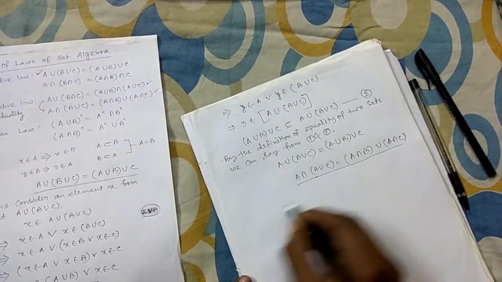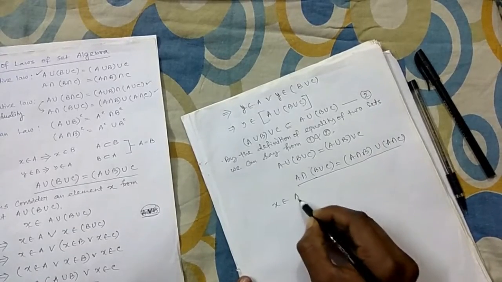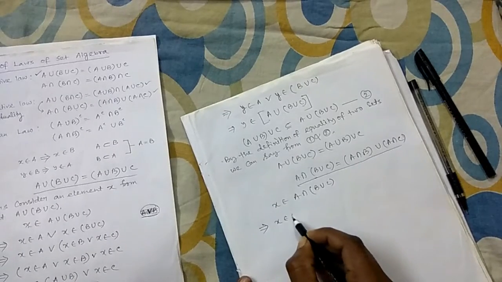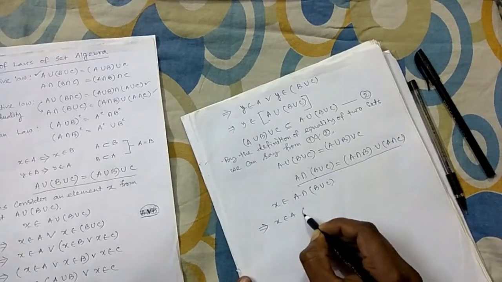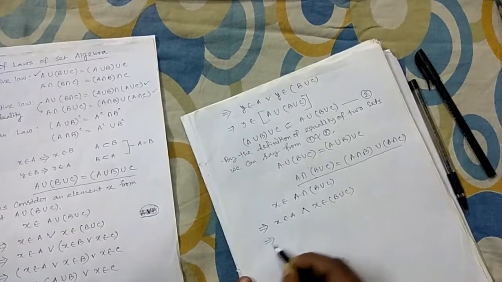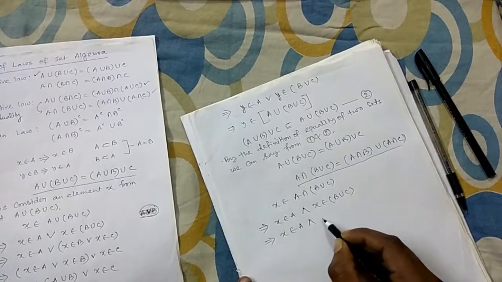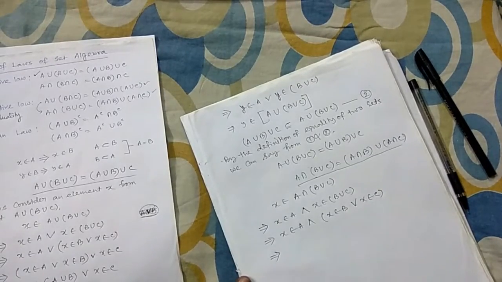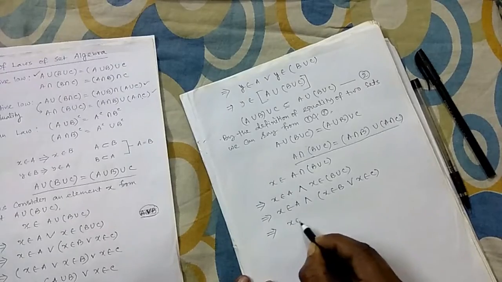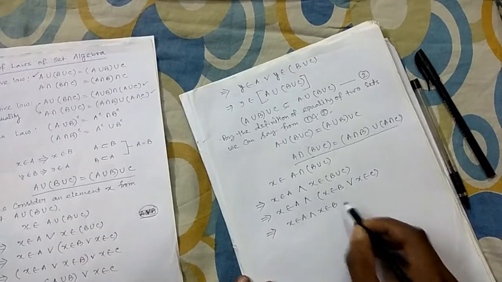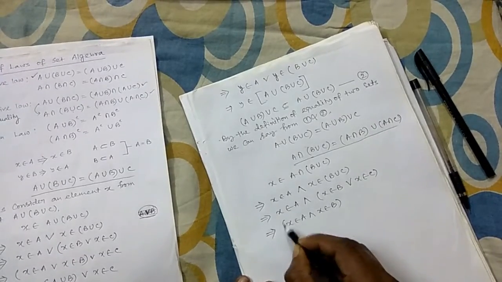The method is similar. Again, we consider element X from A intersection B union C, which implies X belongs to A. It is intersection, so it means and, X belongs to B union C. X belongs to A and X belongs to B, or X belongs to C. Now X belongs to A and X belongs to B. Here will be a first bracket.